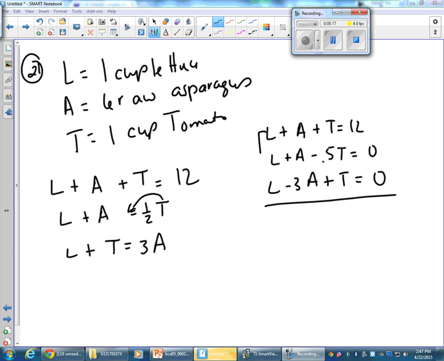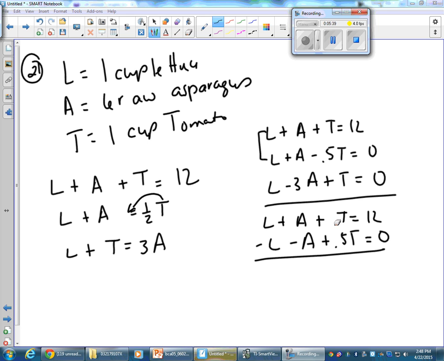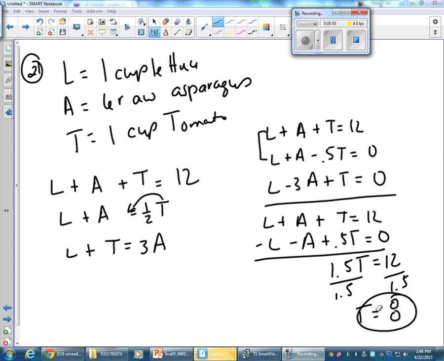If I use the top two lines and multiply the second line by negative 1, the top line stays the same and the bottom line becomes negative L minus A plus a half T equals 0. The L's cancel and the A's cancel, and this is 1 plus a half, that'd be 1.5T equals 12. Divide by 1.5: 12 divided by 1.5 is 8. So there's 8 carbohydrates in a serving of tomatoes.